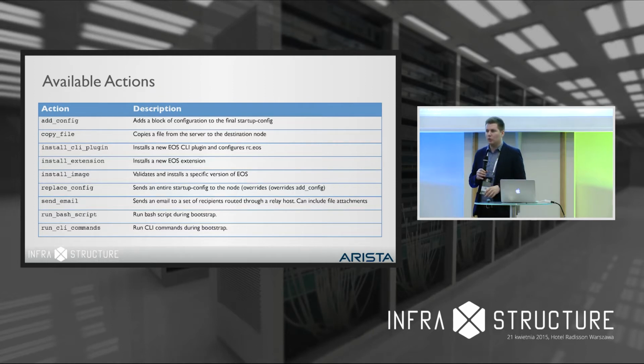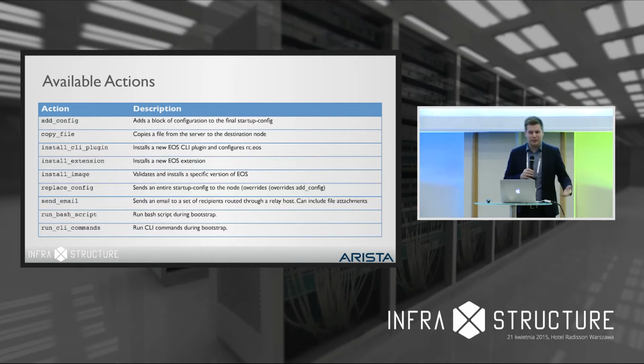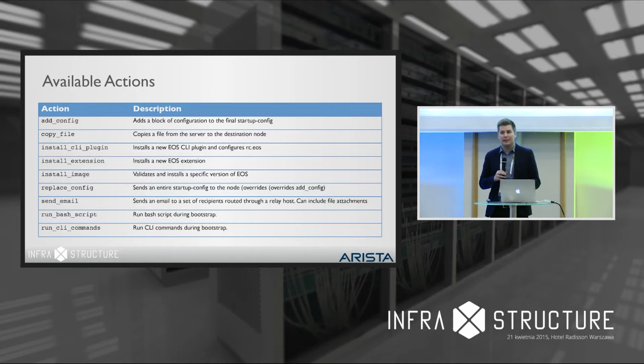We have an action called add config, fairly self-explanatory, which allows you to add any part of switch configuration automatically. But we can also do some clever things like copy files to the switch. If you've got particular extensions you can use, we can copy those from day zero. Likewise, we can send email and run scripts. So it's really very flexible and very powerful in allowing you, from day zero, to bring your network device up how you want.